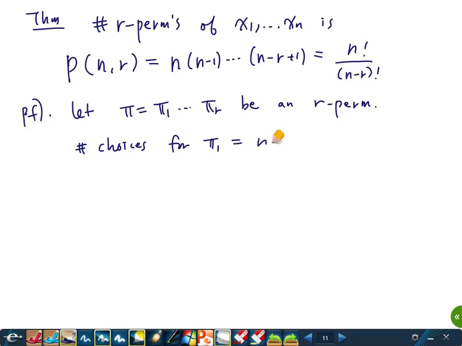There are n choices. But once pi 1 is fixed, the number of choices for pi 2 is n minus 1, because pi 1 is no longer available, etc. The number of choices for the last element, pi sub r, is n minus r plus 1. And then if you multiply them all using the multiplication principle, you get this number. And that is, of course, equal to n factorial divided by (n minus r) factorial.